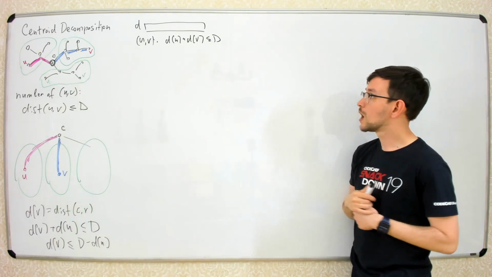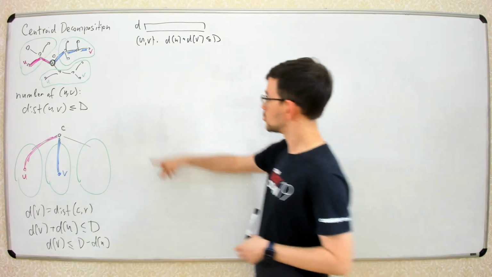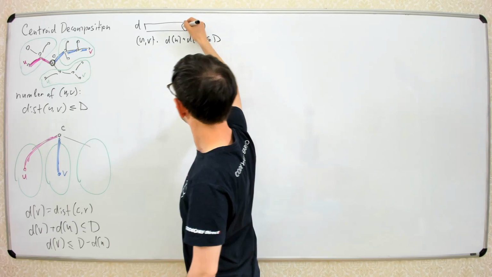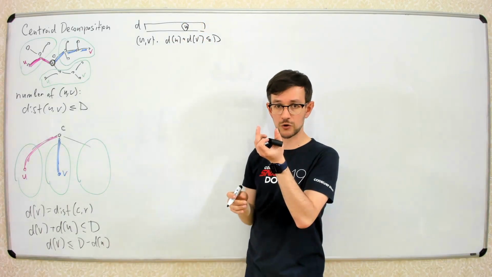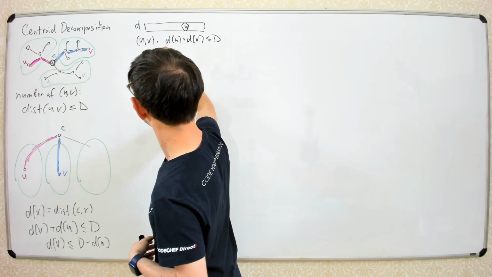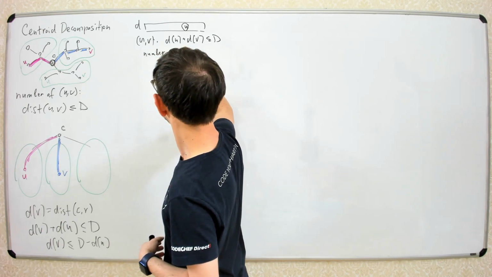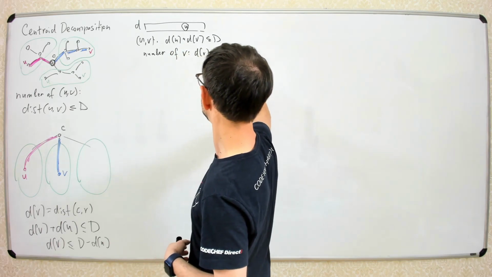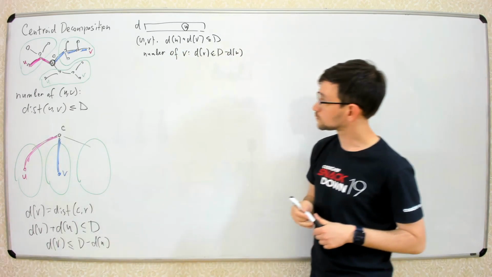Pretty simple actually. You iterate over all elements, fix some element U of your array, and now you need to find the number of nodes V such that distance to V is no more than D minus D_U.